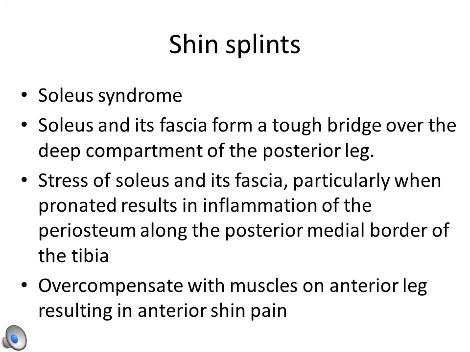Therefore, stress of the soleus and its fascia, particularly when pronated, results in inflammation on the periosteum along the posterior medial border of the tibia. If the soleus muscle is weak or being overworked, overcompensation with other muscles occurs on the anterior aspect of the leg, resulting also in contribution to the anterior shin pain.